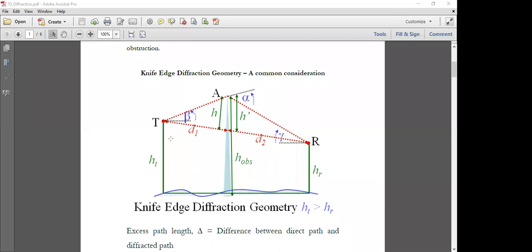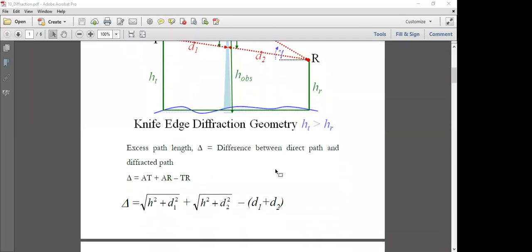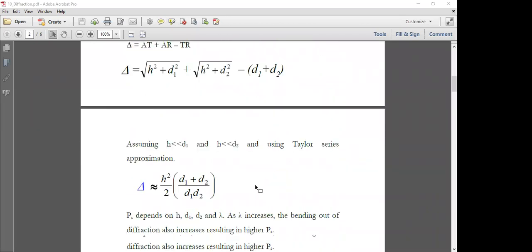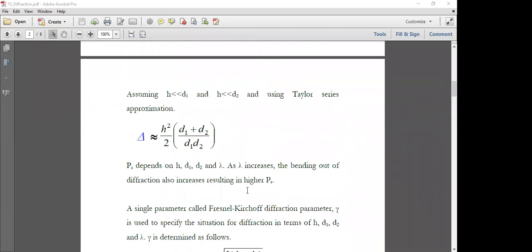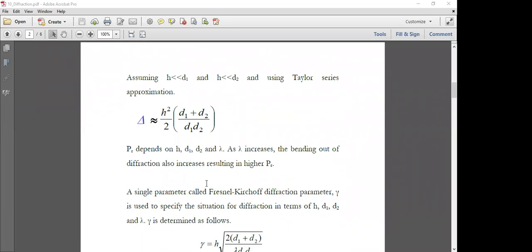Anyway, the wavelength does matter. Whatever distances we have on the two sides, you have to consider them in terms of lambda. So P depends on all these things: H, D1, D2, and lambda.